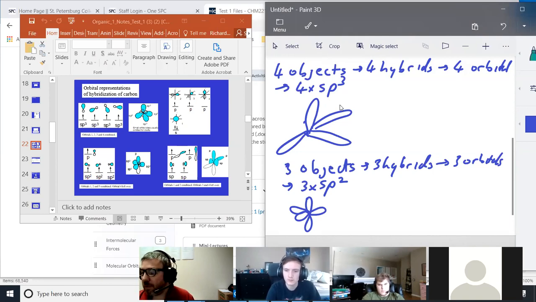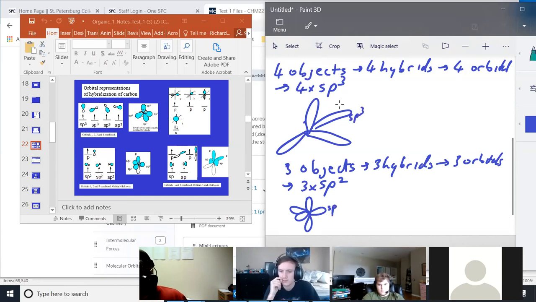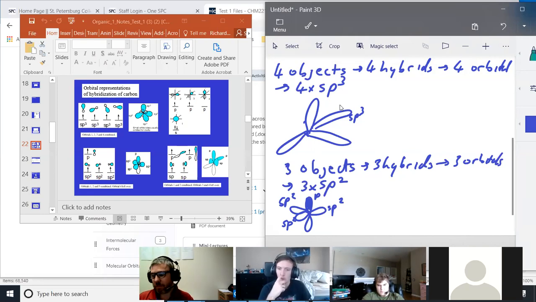But your sp2 looks a lot like this. So these are all sp3s. Here you've got the 3 sp2s in the same plane, and then the p orbitals here. Now the p orbital is above and below, and we often express the p orbital as phased, which is why I've colored it in on top there.